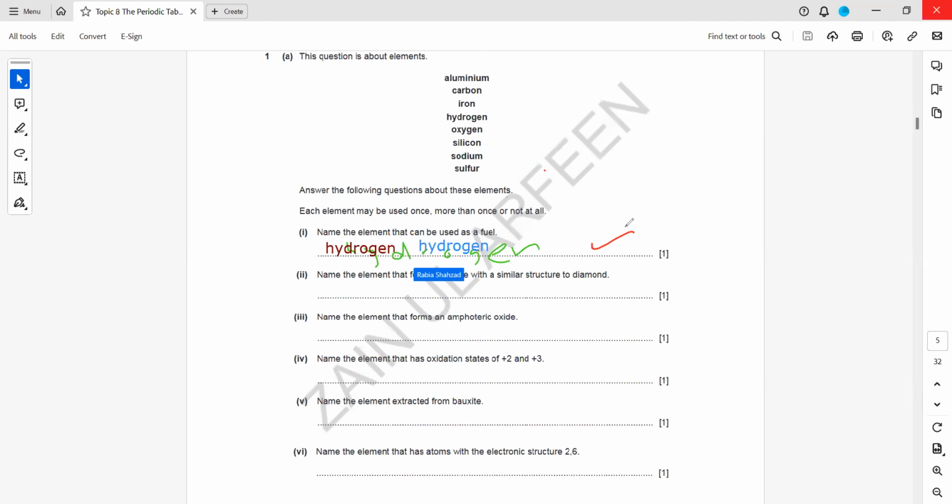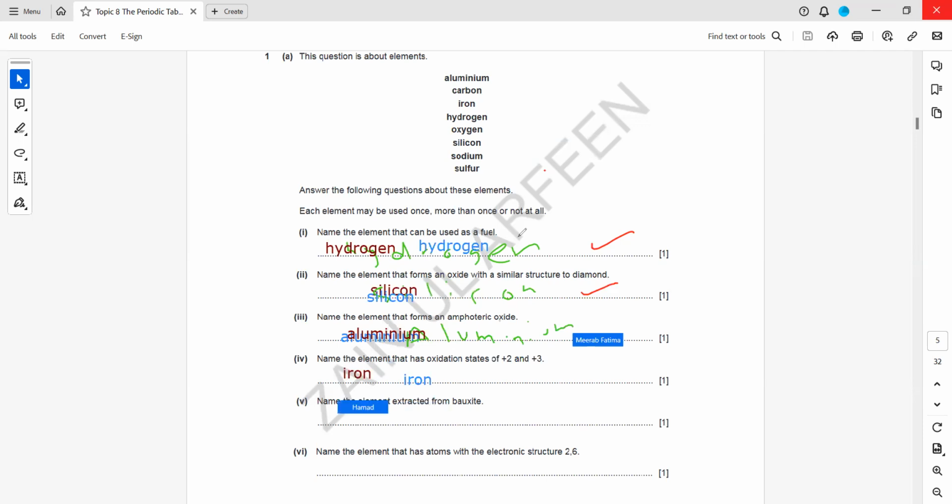Name the element that forms an oxide which is similar to that of diamond. That is silicon(IV) oxide. Name the element that forms an amphoteric oxide, meaning it can react with both acid and alkali. Remember the amphoteric oxides of zinc, aluminium, and lead.